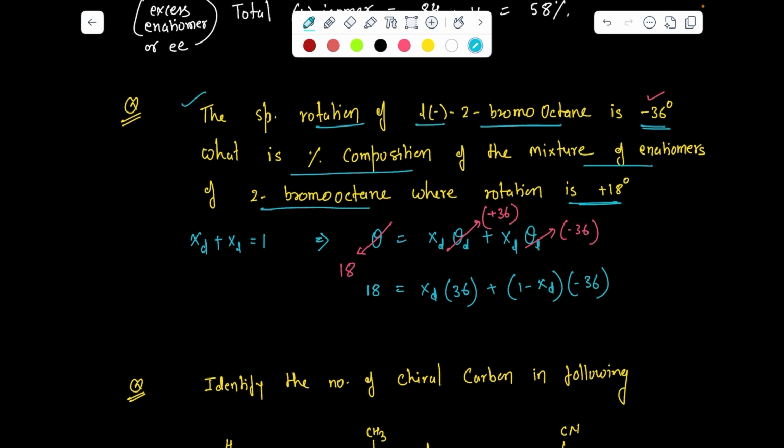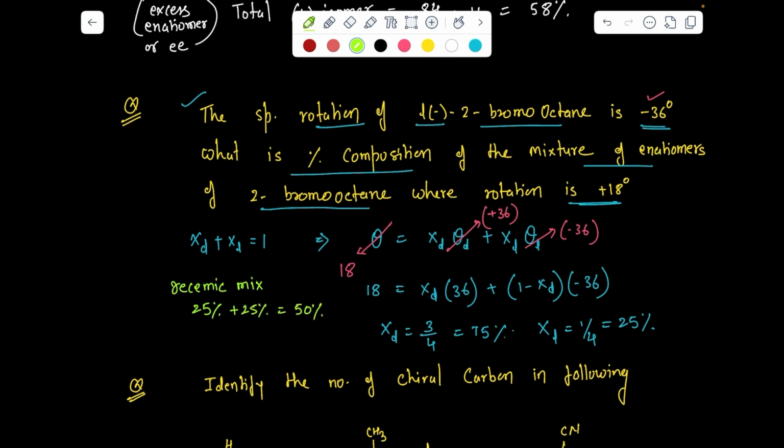When we calculate this, the mole fraction of levo comes to 1 by 4, so dextro is 3 by 4, around 75%, and levo is 1 by 4, meaning 25%. So we have a racemic mixture of 25% levo plus 25% dextro, that gives 50% racemic, and the rest is dextro, which is higher, so the optical rotation is showing plus.